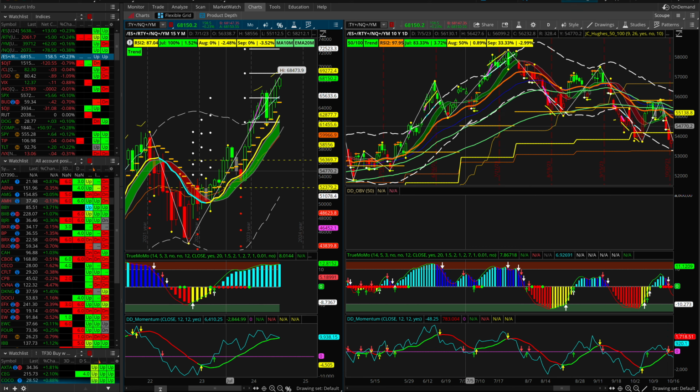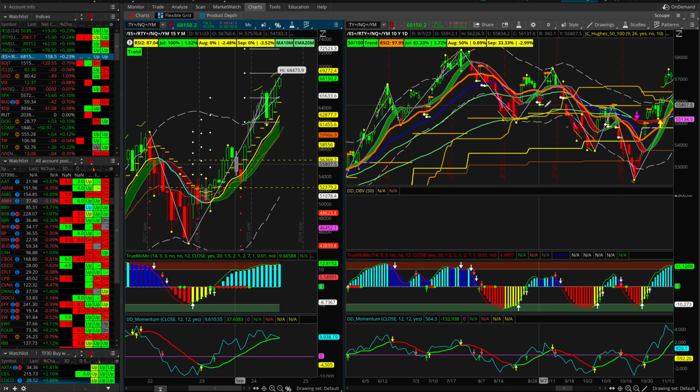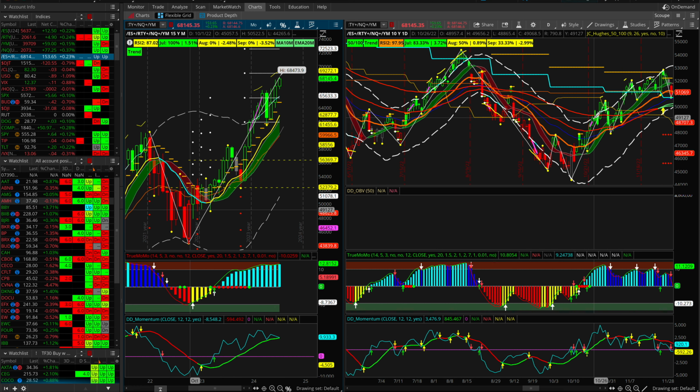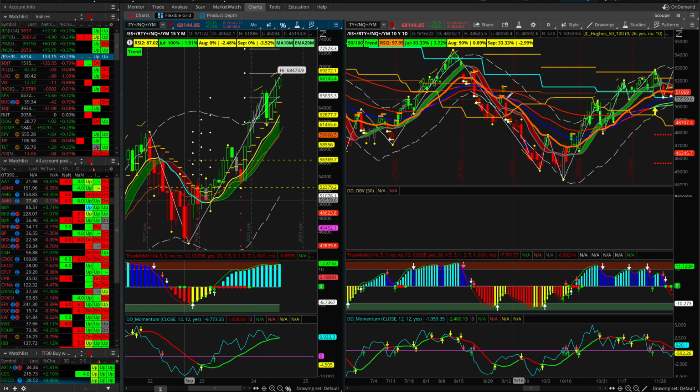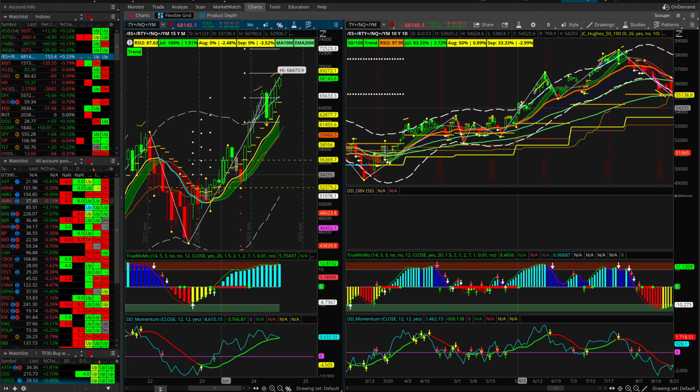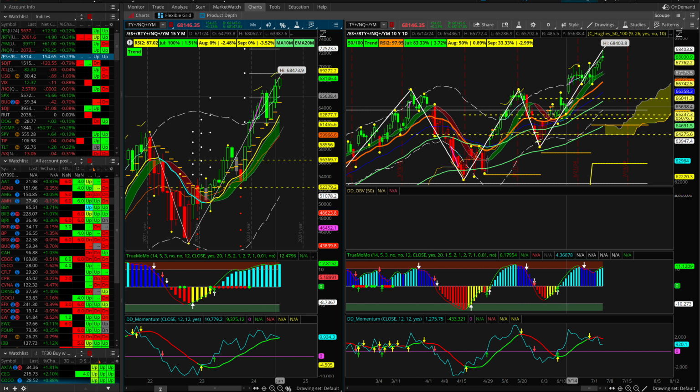But back when things really fell apart, you're under the trend, under the 50, under the 100, and under the 21 and 34. That makes for a good view of how the markets will react to these moving averages. There's nothing magical about the moving averages. They just happen to be ones that a lot of the market participants use, so it's a bit of a self-fulfilling prophecy.